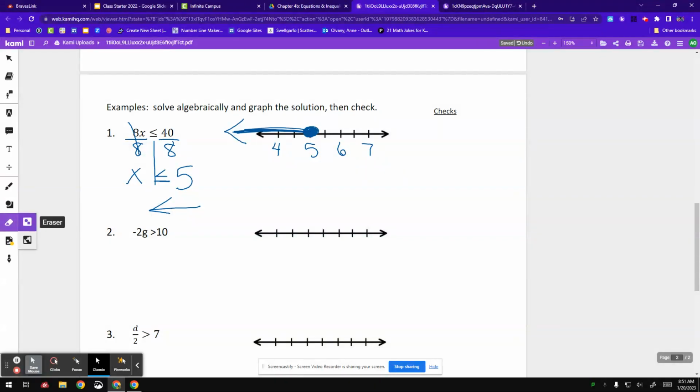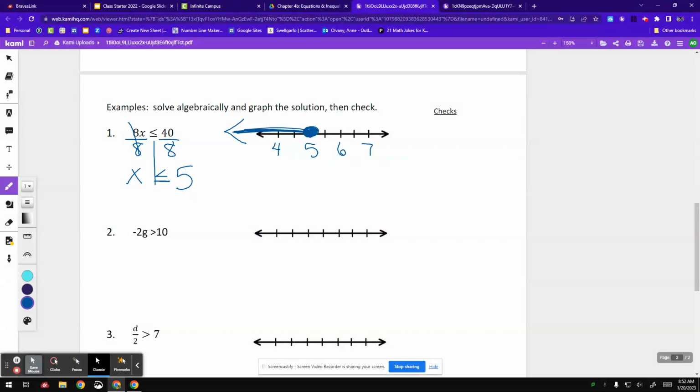I'm going to check. I'm going to pick a number that falls over here and check it. A student probably 20 years ago gave me a great idea. If 0 works, I'm going to use 0. If it doesn't, I'm either going to use negative 100 or positive 100, because they make it really obvious if you're right or wrong, and they're fun to use.